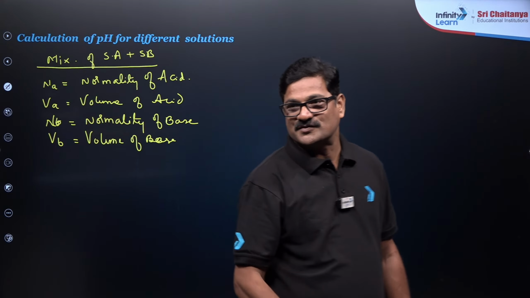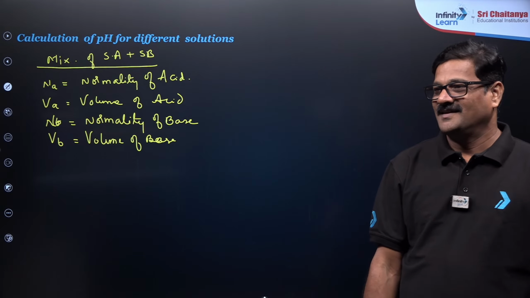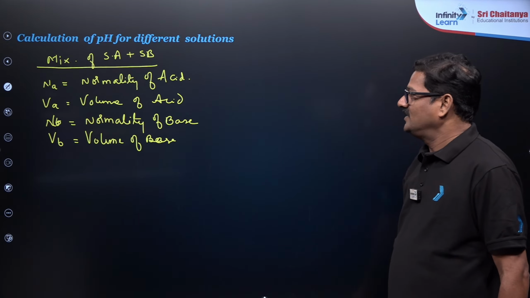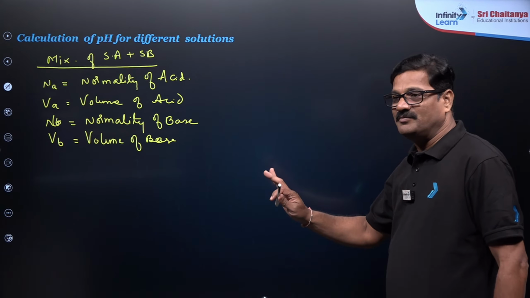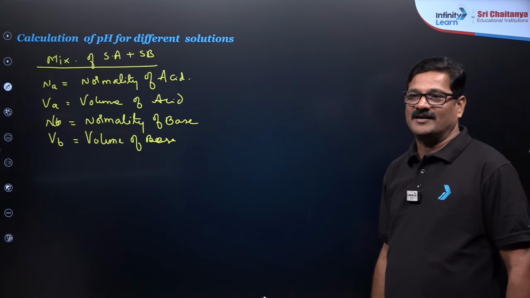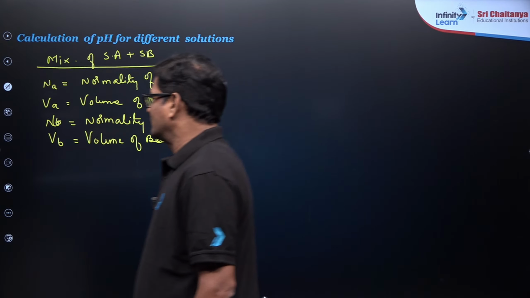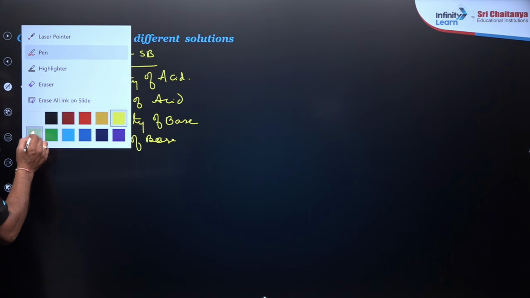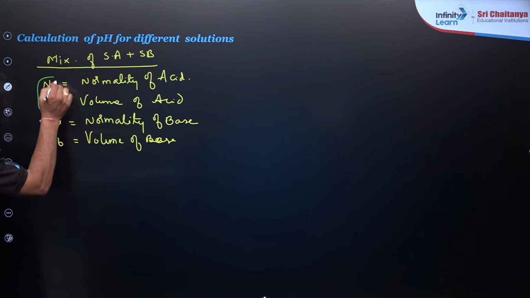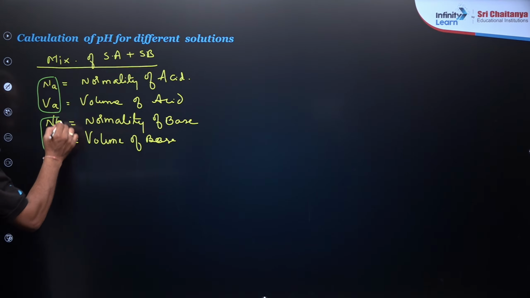Now three conditions will come. We have to compare the products NaVa and NbVb. So how do we do it here? Let us see NaVa and NbVb.